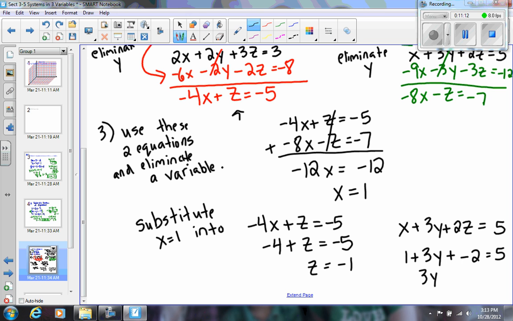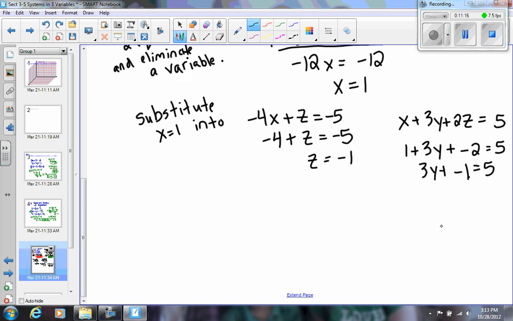So we get 3y plus negative 1 equals 5. And if you add 1 to both sides, you get 3y equals 6. So y equals 2, and we're done. And my solution is 1, 2, negative 1. That's where the three planes would intersect.